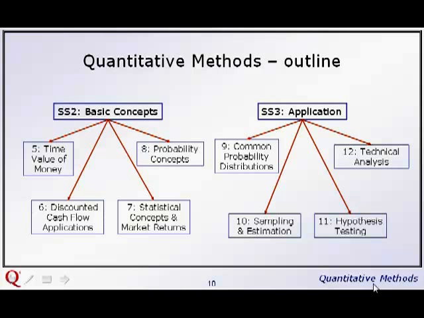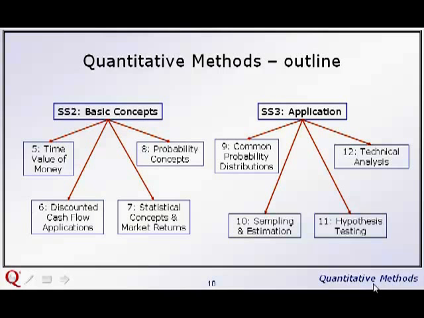Statistical concepts and market returns, lots of definitions of how we deal with stats and probability so that we gain a full breadth of language so that we can describe things. A lot of that may be familiar to many of you who've done a bit of maths at school or university, but we'll go through a lot of calculations as well, measures of central tendency and measures of dispersion.